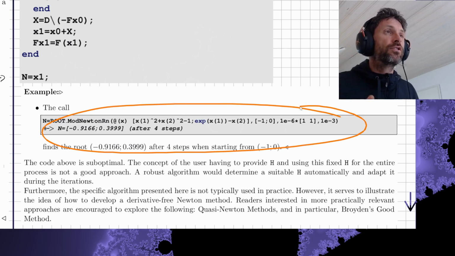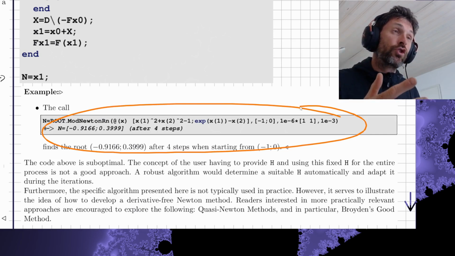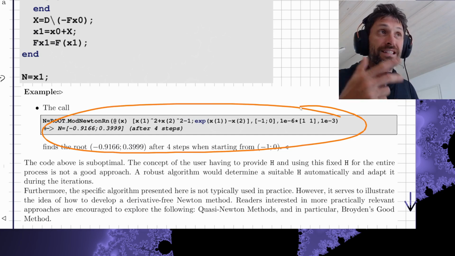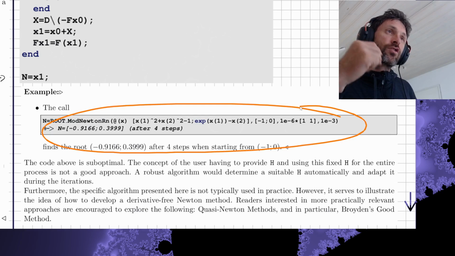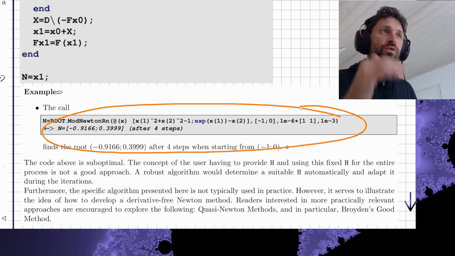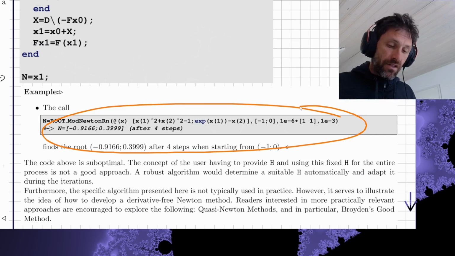Better would be to adjust it, but this is not an algorithm used in practice. It's only for didactical use. You must know the details. I can ask in the exam, but it's not really of practical use, so I don't care too much about things which are not perfectly optimal.